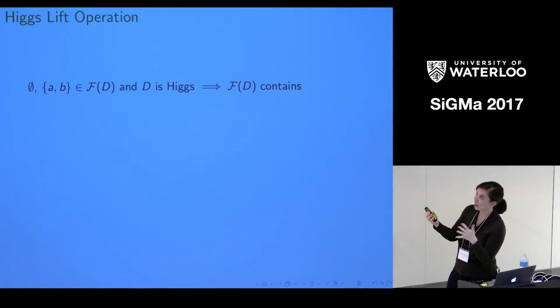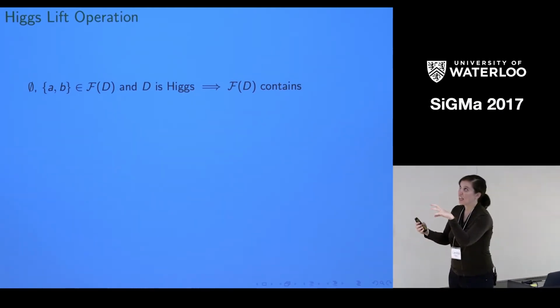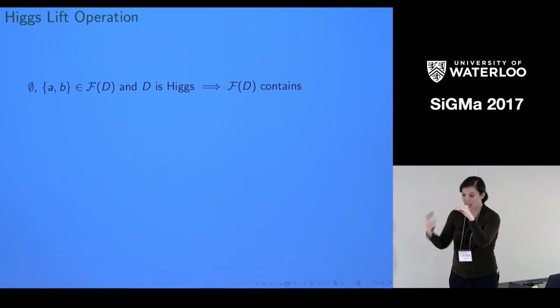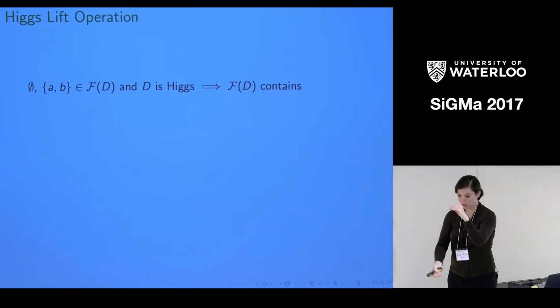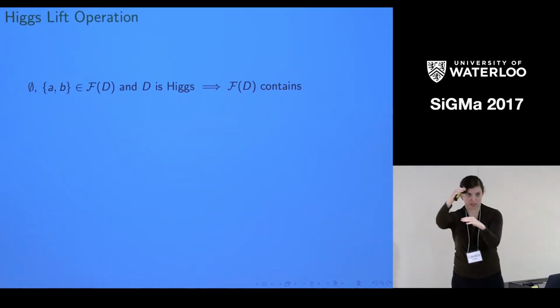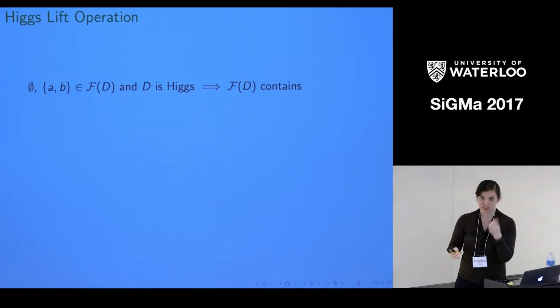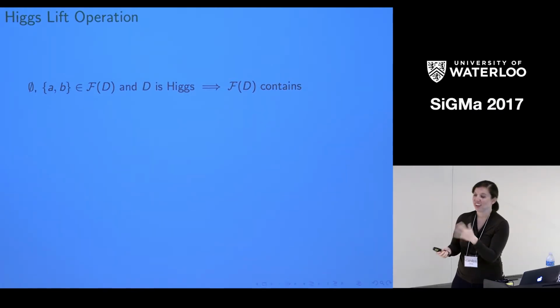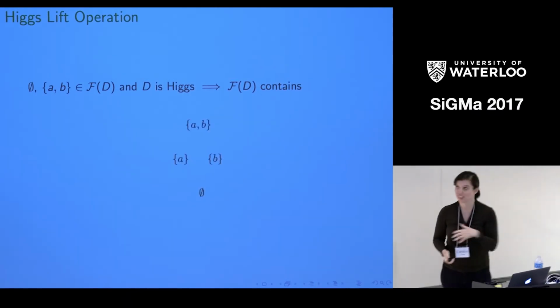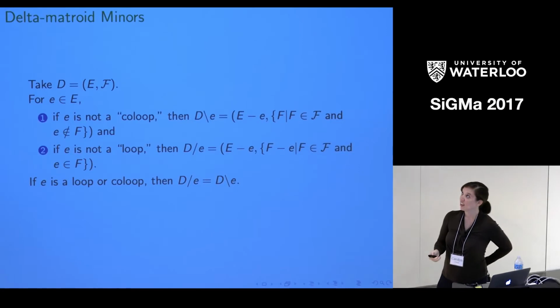The Higgs delta-matroid is every set that contains a feasible set in the bottom matroid, so it should contain the empty set, and is contained inside of a basis of the top matroid. The top matroid here has just one basis, that's AB. So it's got everything.